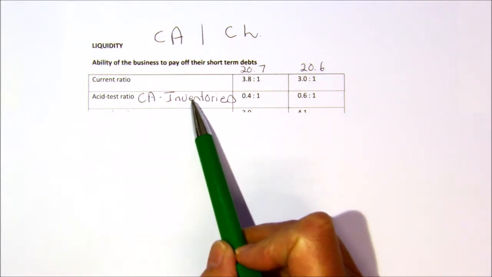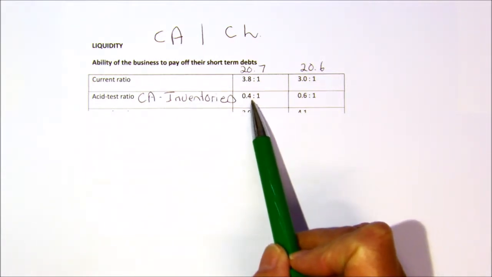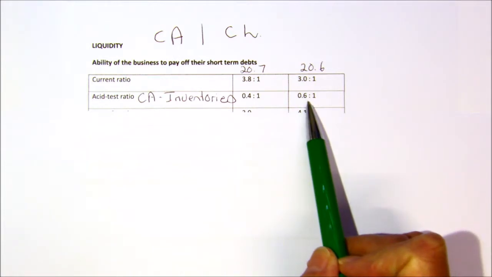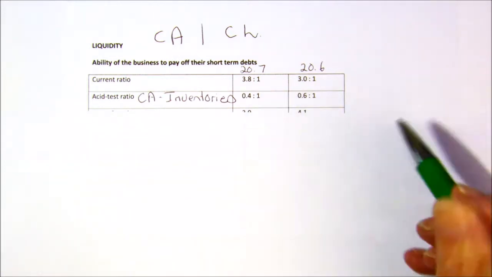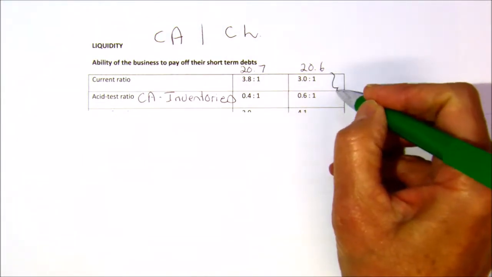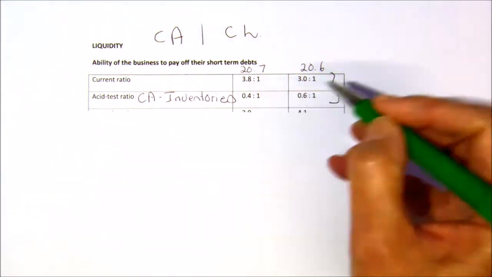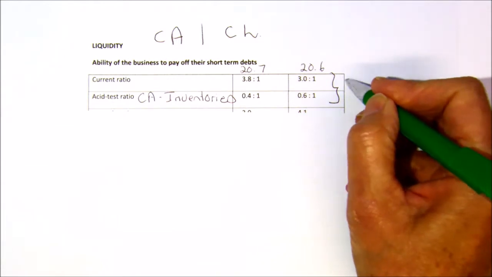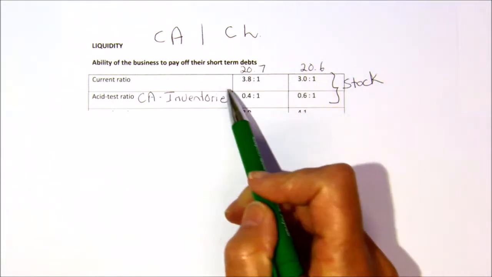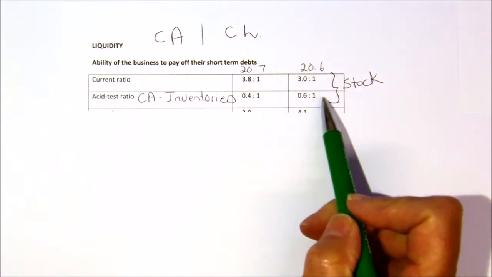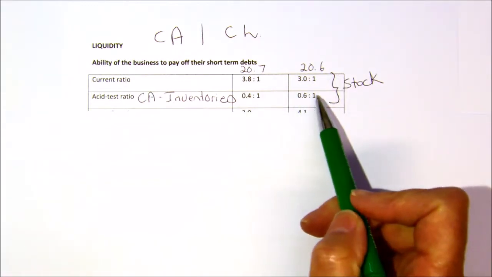So if we take away inventories, we are quite low. It's actually also decreased this year. So just a comparison of those two will immediately tell you that you've actually got a stock problem in this business, because it was very high when the stock's included and it's very low when it's not included.